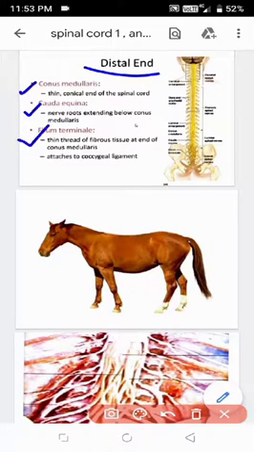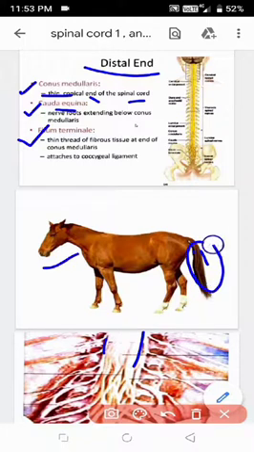The conus medullaris is the thin, conical end of the spinal cord. See, this is the conus medullaris and the cauda equina. Cauda means tail and equina means horse, so cauda equina means tail of a horse. It is arranged like that because it consists of nerve roots extending below the conus medullaris.